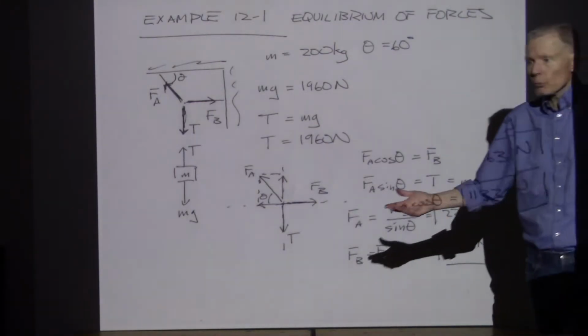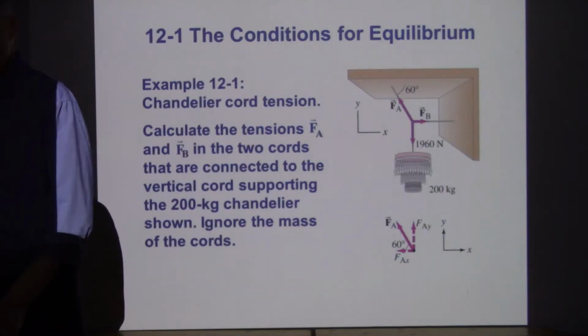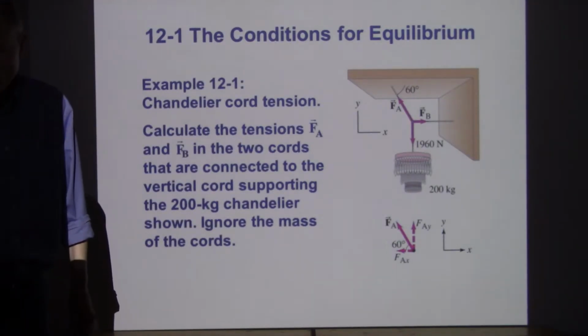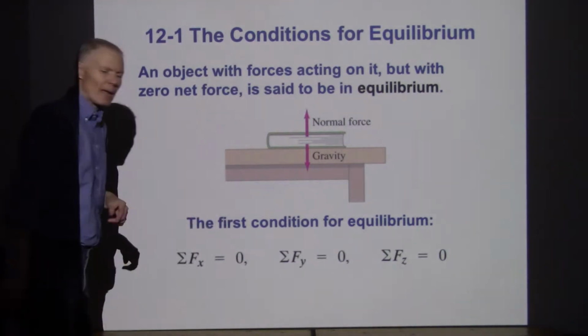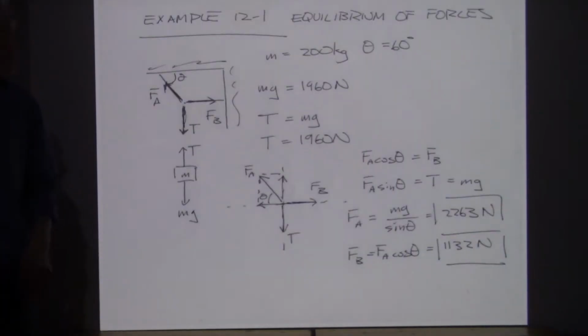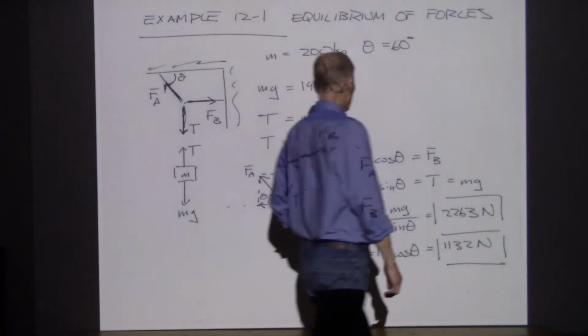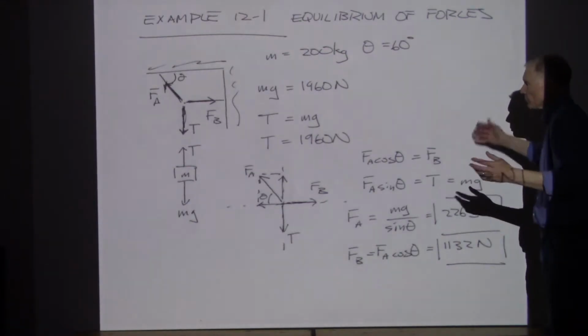So we're using the conditions of equilibrium. I hope you're thinking, well, we've been doing this for a long time. Those are the conditions, and we're taking all the forces in the x, setting them equal to each other, and then here we took all the forces in the y and set those equal to each other.